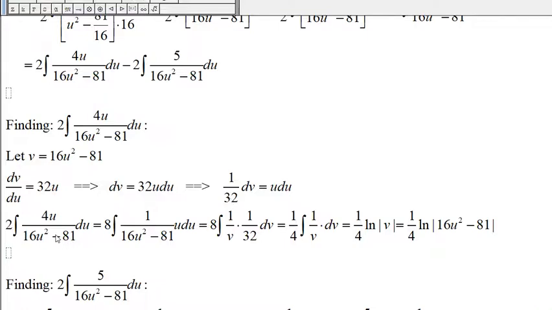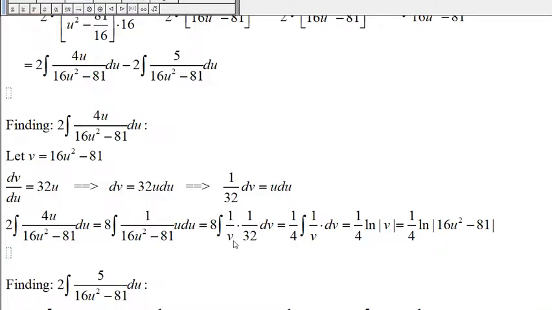And so this integral, 2 times 4 is 8, and then the u we can move over here, and so we get 1 over 16u squared minus 81, which is v.